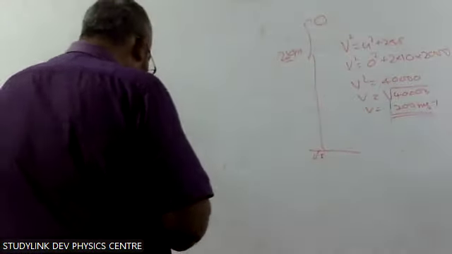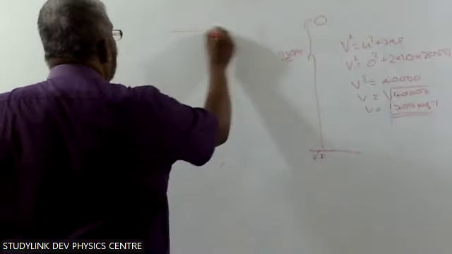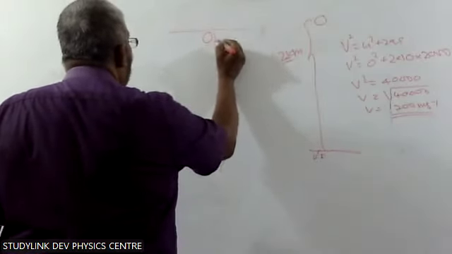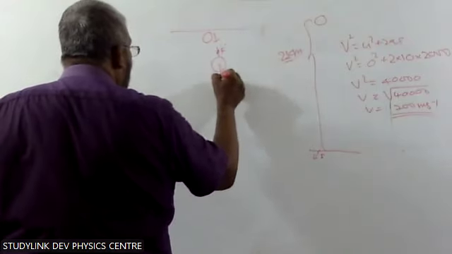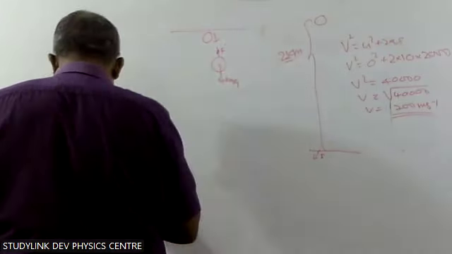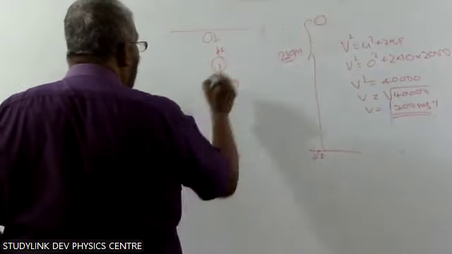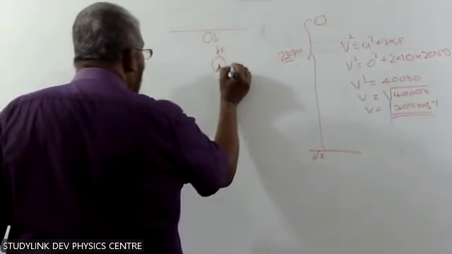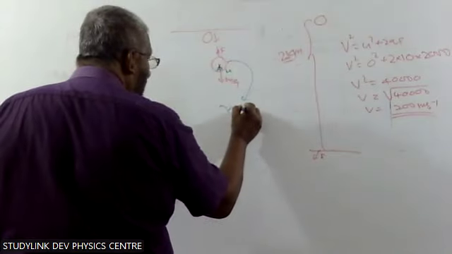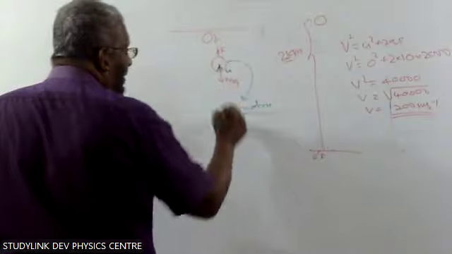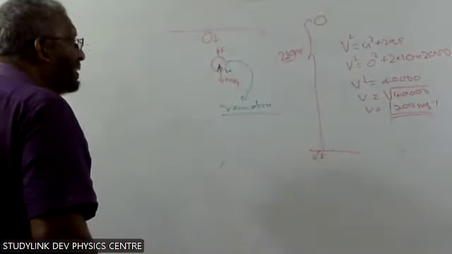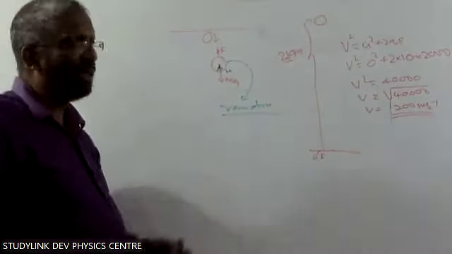What happens is, from the cloud it comes down. Then viscosity is there, mg downwards, upthrust U is there. Then the raindrop attains the terminal velocity.